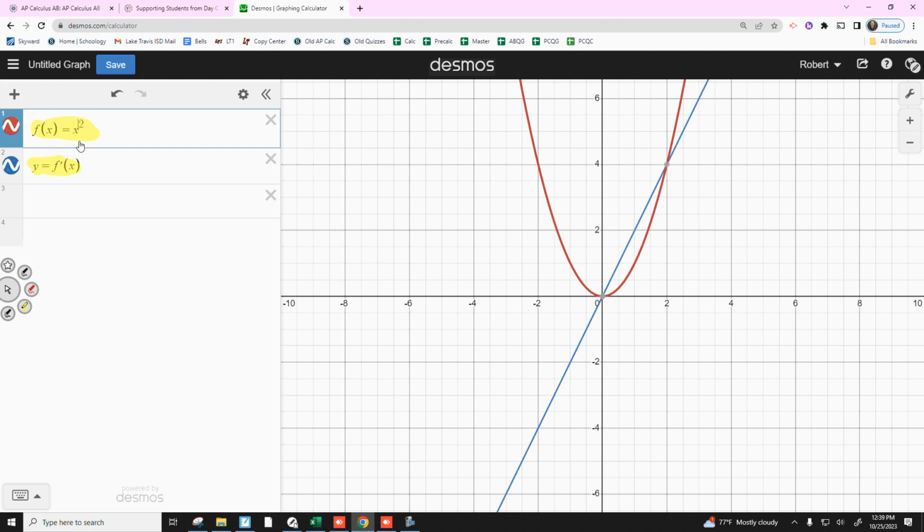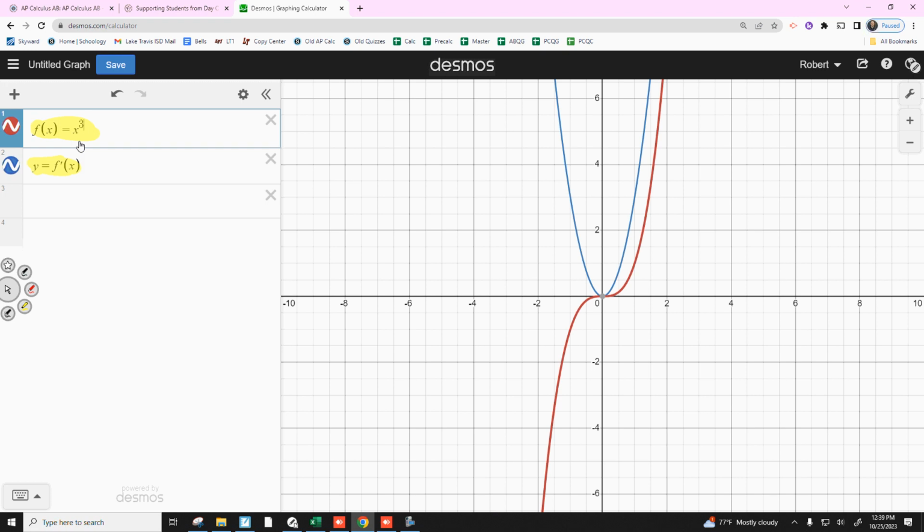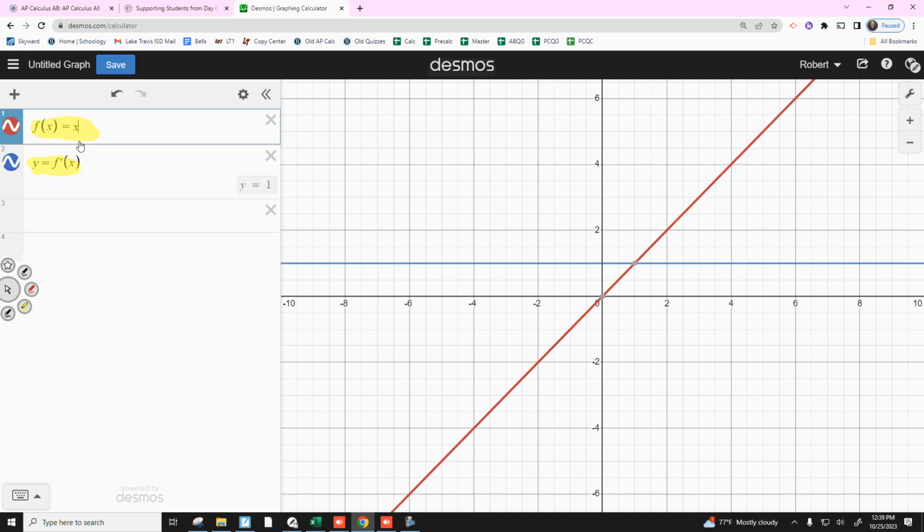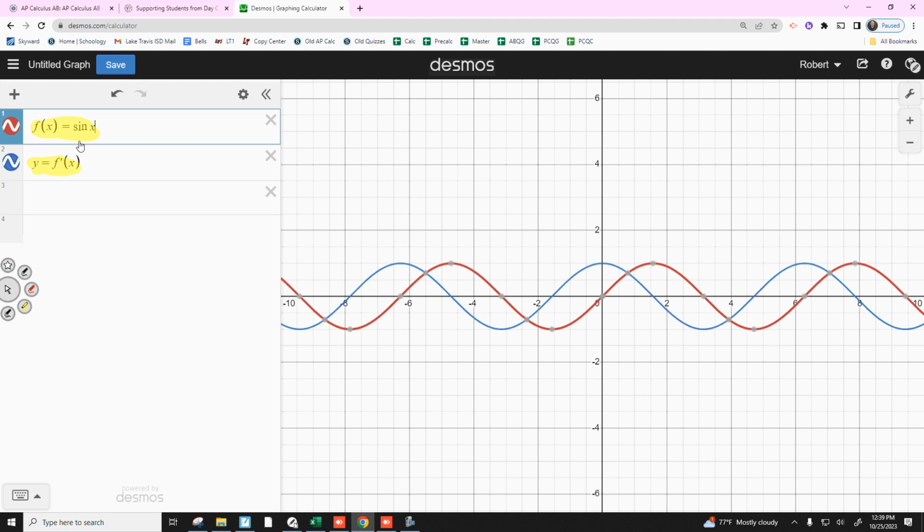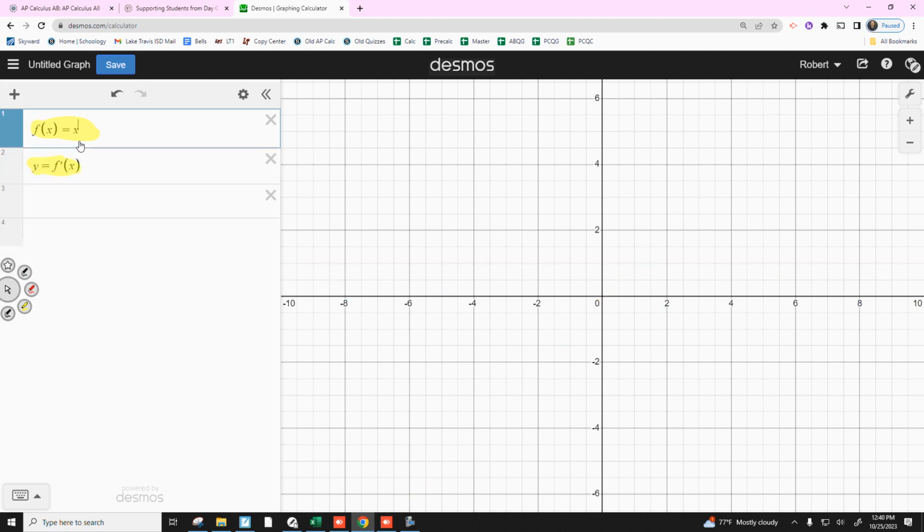X cubed slopes are x squared. You looked at sine, and the slopes were cosine. Any crazy polynomial, like x to the 4th plus 5x cubed, its slopes are different, okay?